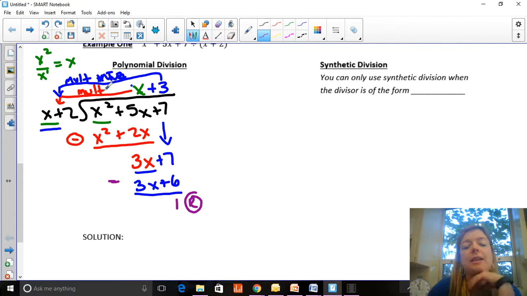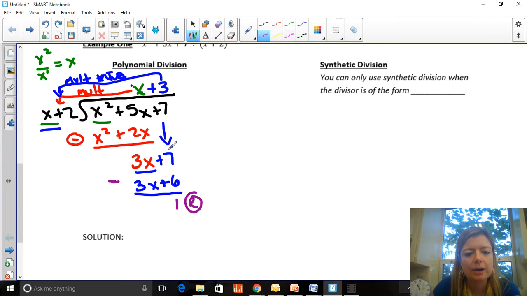So let's go through these steps again. Okay, so we started with x squared plus 5x plus 7 divided by x plus 2. You look at the first term divided by the first term. So x squared divided by x gives you x. Then you take that and multiply it by the whole divisor and write it down. Then you subtract and you're left with 3x.